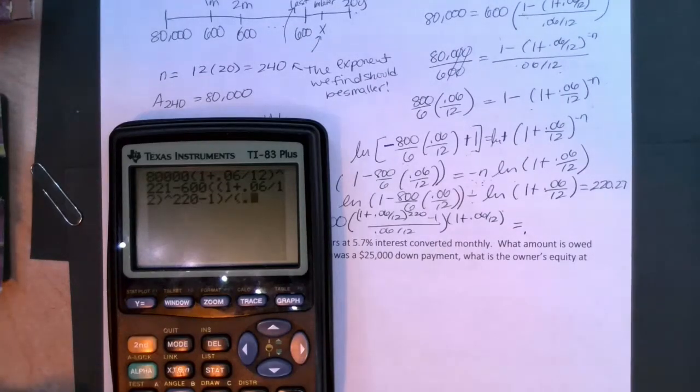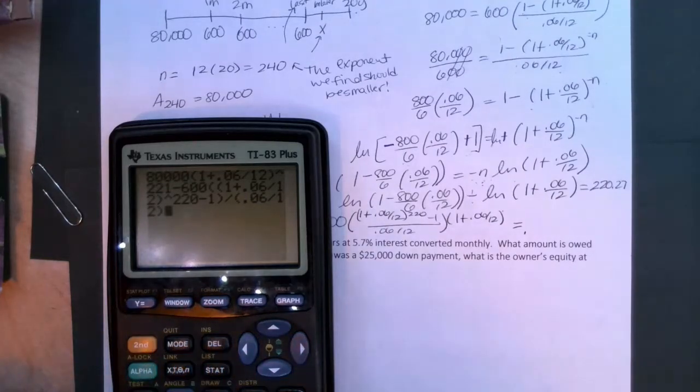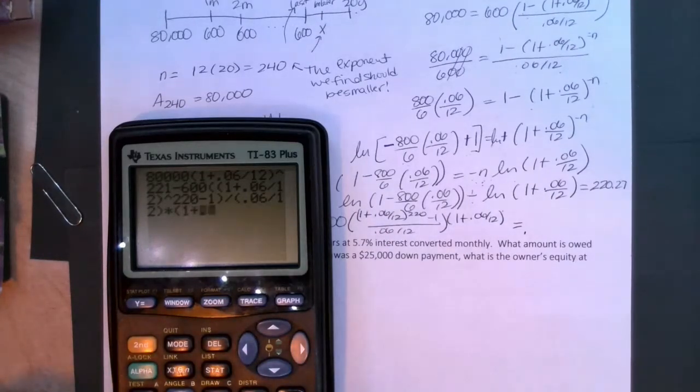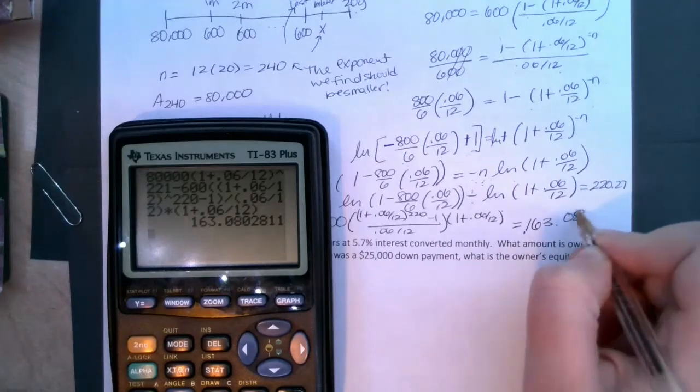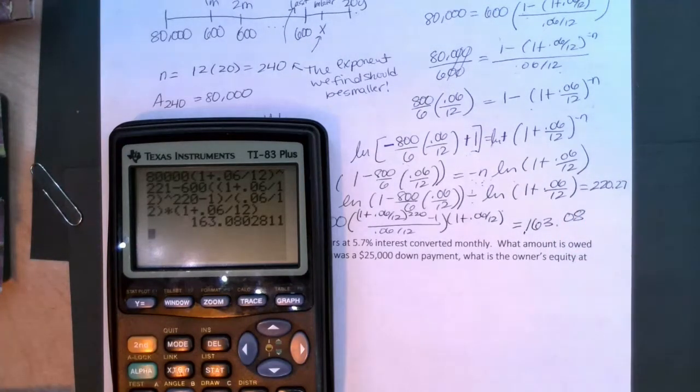So I finished my numerator. Again, you have to be careful with your parentheses here because you don't want to accidentally do something. So we get $163.08.